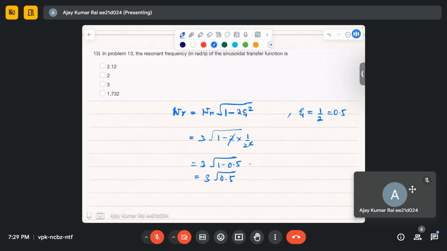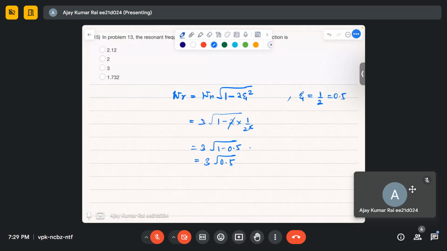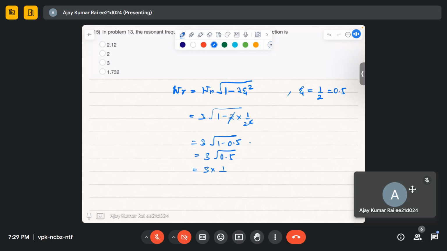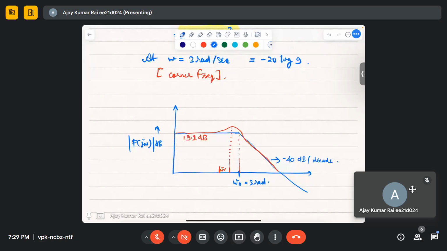It's like 1 by root 2 into 3, which is 2.12. So omega r is coming to be 2.12 radian per second, which is less than the natural frequency, right?